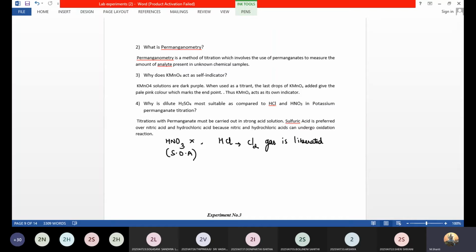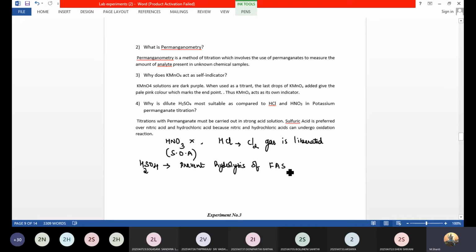But what is the role of dilute sulfuric acid? What is the necessity of adding dilute sulfuric acid to the reaction mixture? It is to prevent hydrolysis of ferrous salts. Suppose you don't add it, what will happen? To prevent the hydrolysis of FAS, that is ferrous ammonium sulfate.